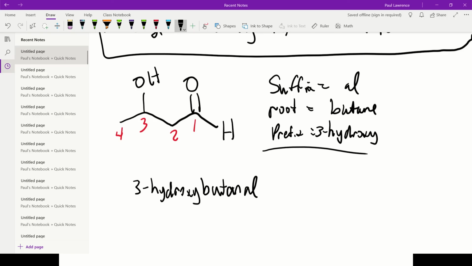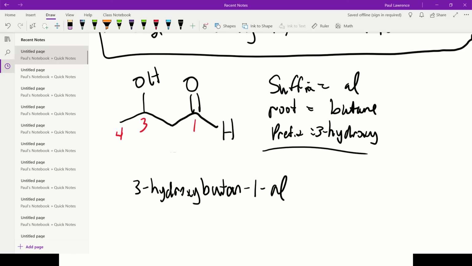Now, why did I not put a locator number? Why did I not do this? Well, because aldehydes are unique in the fact that because they have this hydrogen right here, it is impossible to have an aldehyde in the middle of a molecule. This carbon right here will never be an aldehyde because there are 2 alkyl groups attached to it. So aldehydes are always going to be on the end of a molecule.